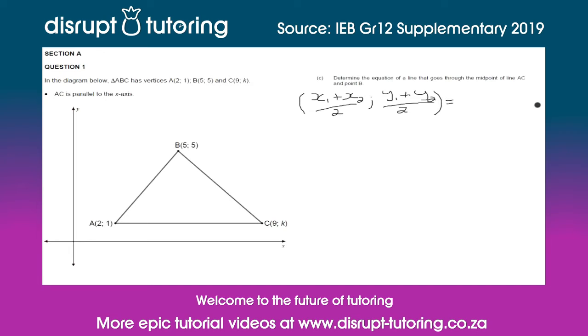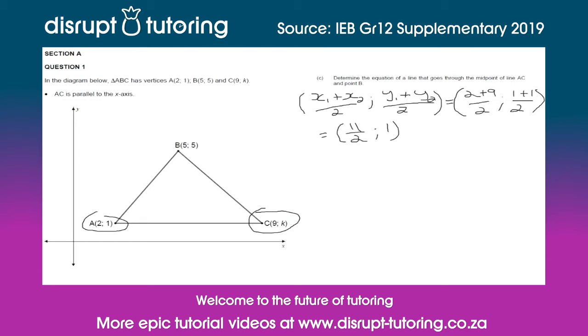Substituting in values, we'll use the two values of A and C. For x1, we know it's 2, and x2 will be 9 over 2, and the y1 value is 1, and y2 will also be 1 because we calculated in the previous question the value of K. So now we know that midpoint, and we shouldn't really need a calculator for this one, is 11 over 2, and 1 plus 1 is 2, over 2 is 1.